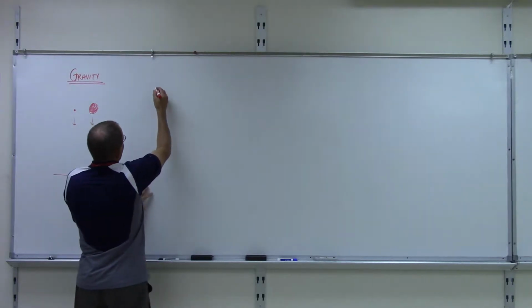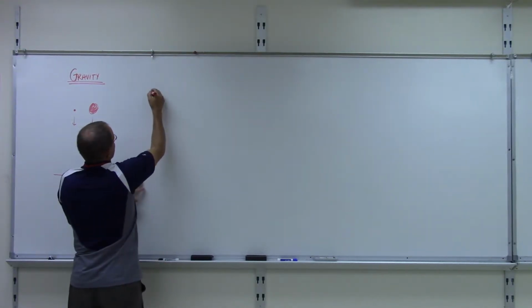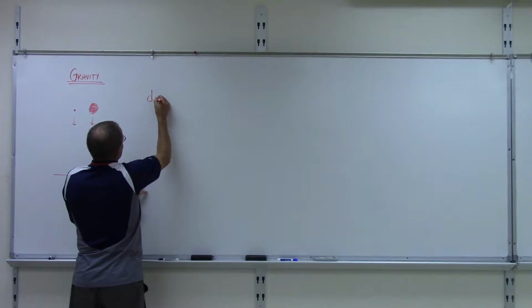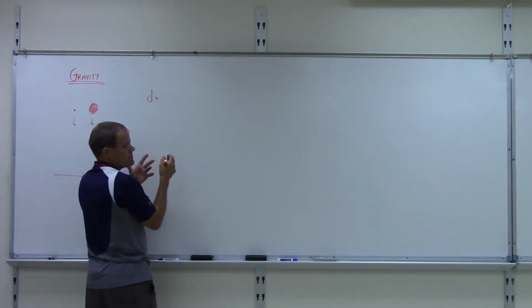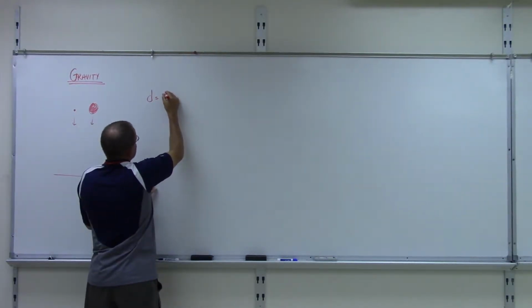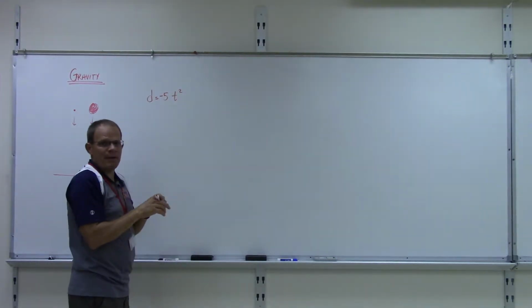And so in lab, we got some mathematical models that look like this. The distance the golf ball or the tennis ball or the soccer ball fell was equal to somewhere in the neighborhood of -5 times t squared. That was the mathematical model we got.